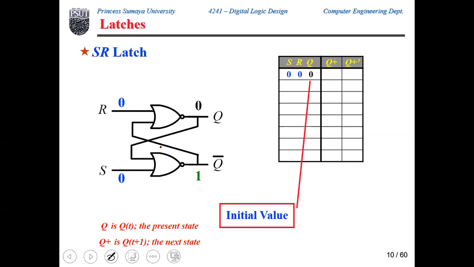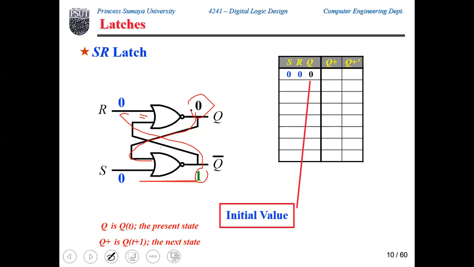The inputs to this NOR gate are 0, 0. 0 or 0 is 0, complement 1. So Q bar is still 1, and if you take it back here, 1 or 0 is 1, complement is 0. And this continues to happen as long as SR is fixed to 0, 0.